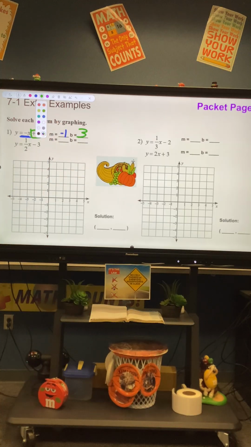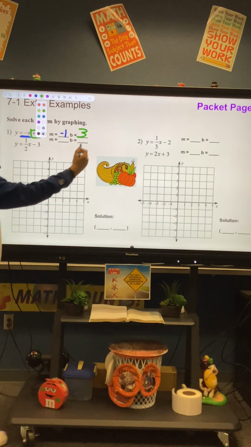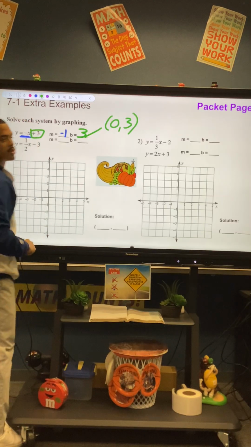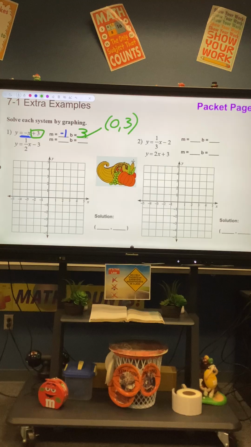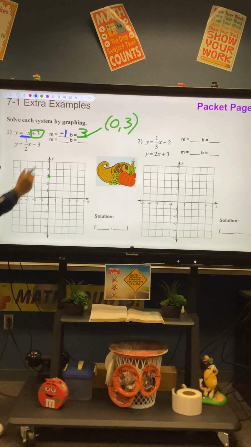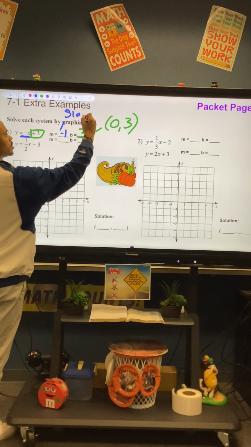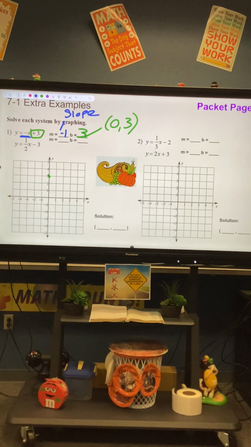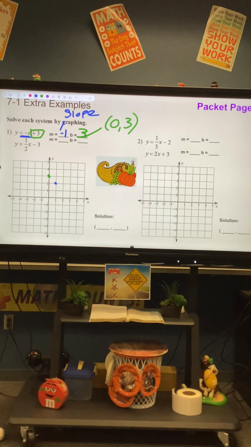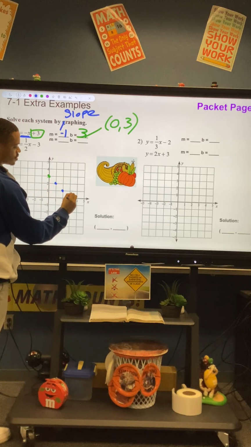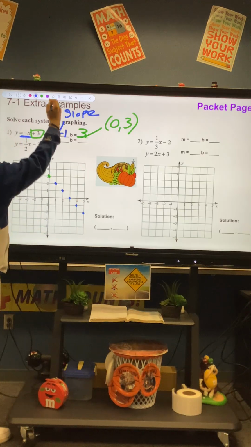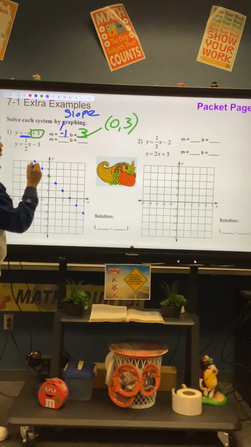So that means I do what then? Remember y-intercept point, so I have a point at what? (0, 3), right? So I'm gonna go to my (0, 3). I'll put a point there. My M value tells me my slope, right? So to get to my next point, I have to go down 1 to my right 1. And I'm just gonna keep going, because we're dealing with intersecting lines, so that it's clear where my lines intersect, because I don't have a ruler up here.